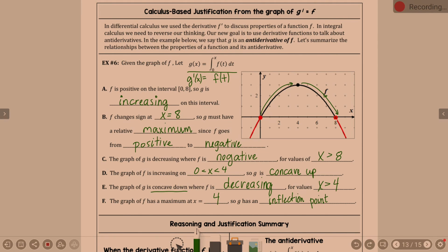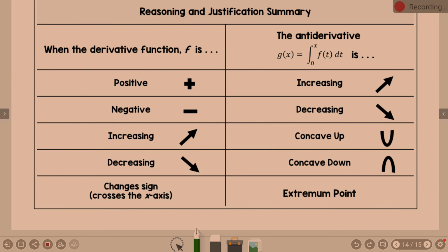Now, there is a page with a chart at the bottom, and it will help to connect some of that. Okay, I did put it on another screen. So, when the derivative function f, and it talks about each of those pieces, the antiderivative, notice here, talking about g. Here we're looking at when f is this, and g is this. Kind of the same idea as first derivative and original function.